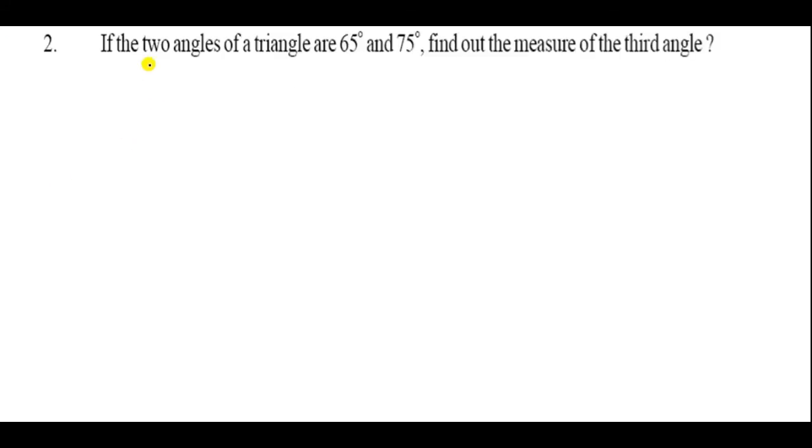Now come to question number two. If two angles of a triangle are given, find the third angle. How can we find it? Suppose angle A is given as 65 degrees and angle B is equal to 75 degrees. Now angle C we want to find.